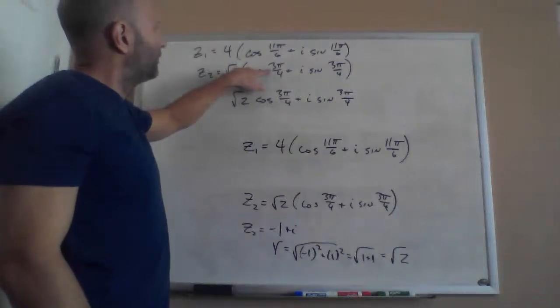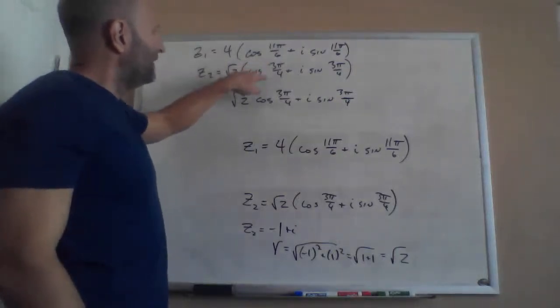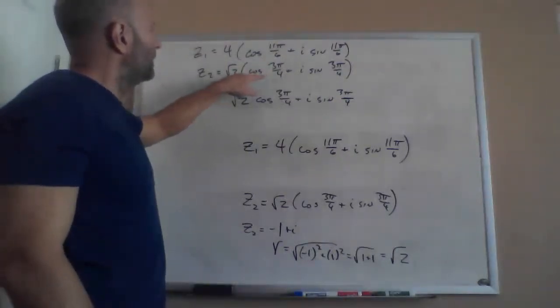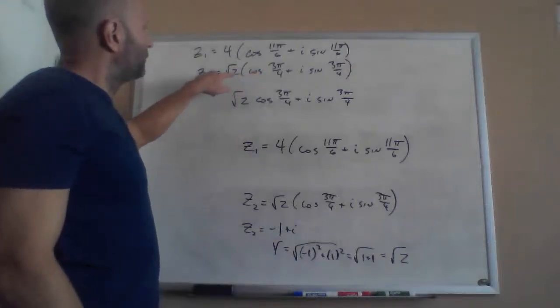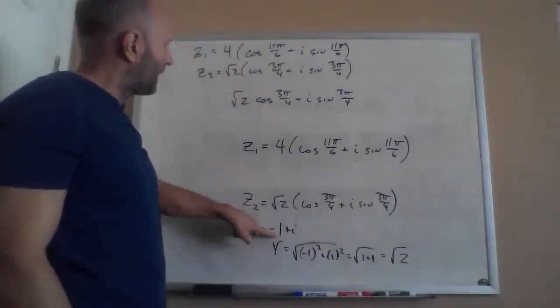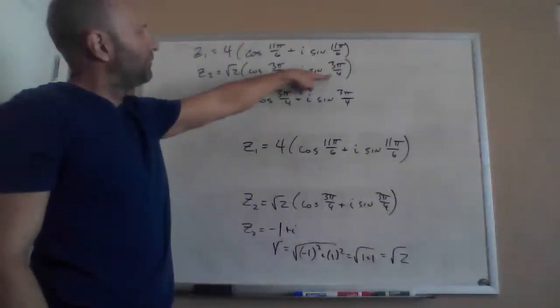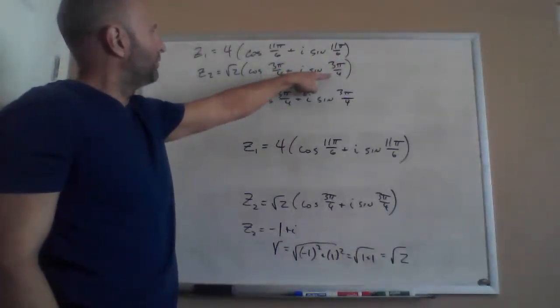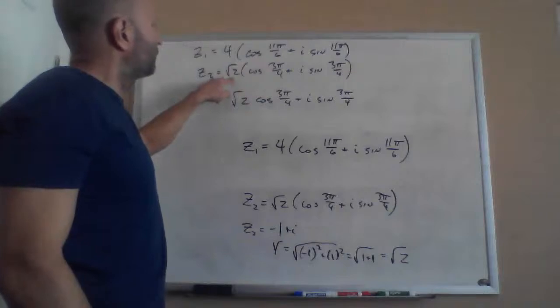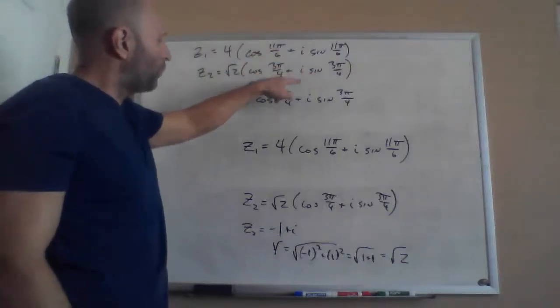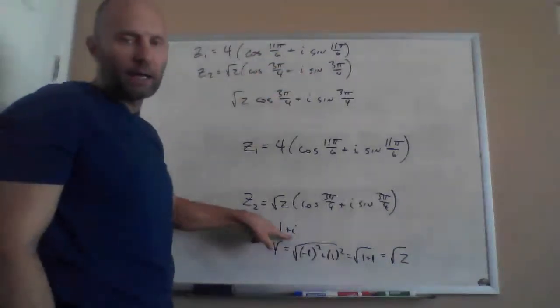Cosine of 3 pi over 4 is negative square root of 2 over 2. So negative square root of 2 over 2 times square root of 2 becomes negative 1. That's what we have here. Sine of 3 pi over 4 is positive square root of 2 over 2. That times square root of 2 becomes 2 over 2, which is 1, so plus 1i.